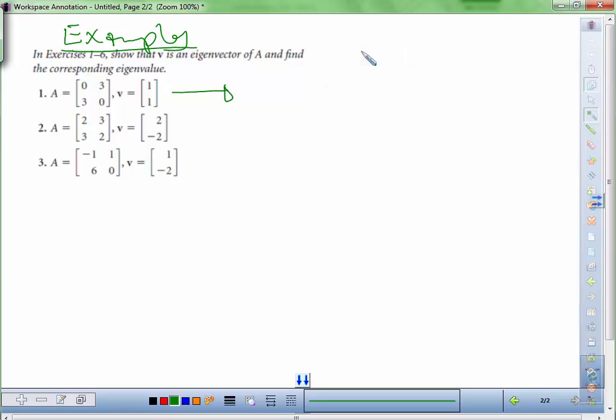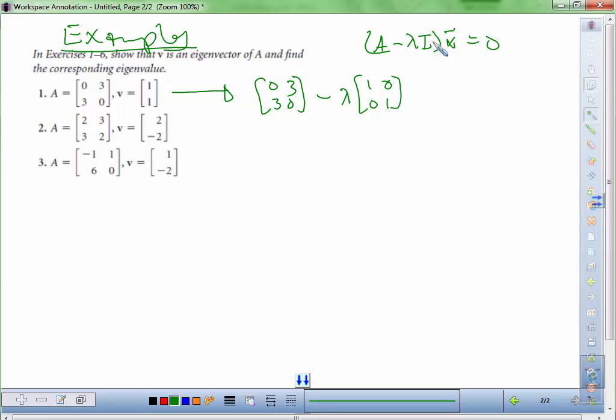So remember our equation, (A minus lambda I) x is going to be equal to 0. If we get this set up, we have our A minus, and here we're looking for lambda, and the I here is the identity, so it depends on whether you're working with a 2 by 2 or a 3 by 3 matrix or a larger matrix.